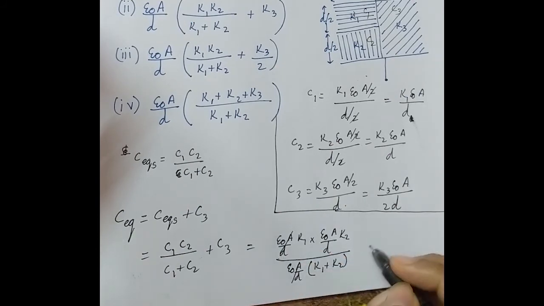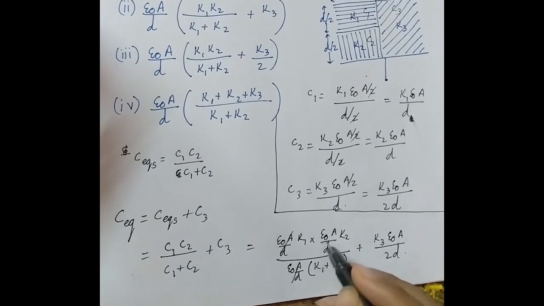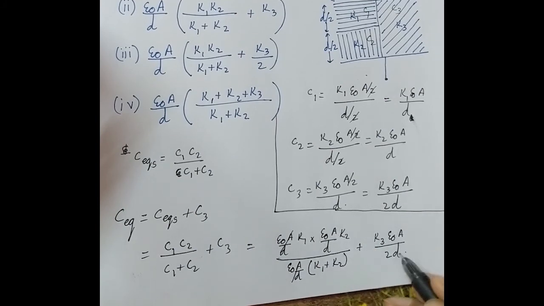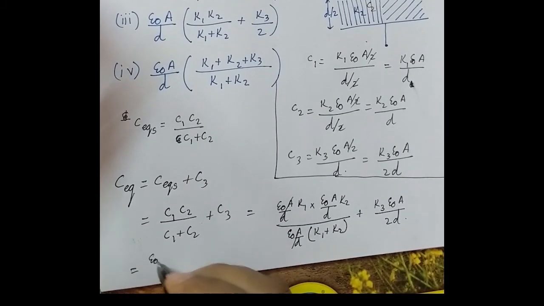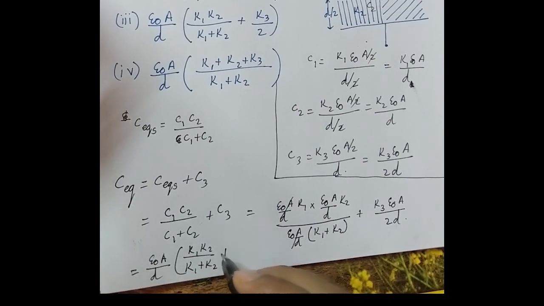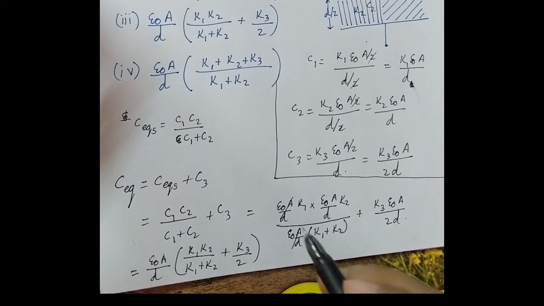One of these I can cancel out and you have the C3 part over here, that is K3 epsilon naught A by 2D. So I can take the epsilon naught A by D common from both of them and you will be left with the final equation, that is epsilon naught A by D, K1 into K2 by K1 plus K2, plus you have a K3 and you also have the factor 2 here, so plus K3 divided by 2. So our correct option is option number 3.